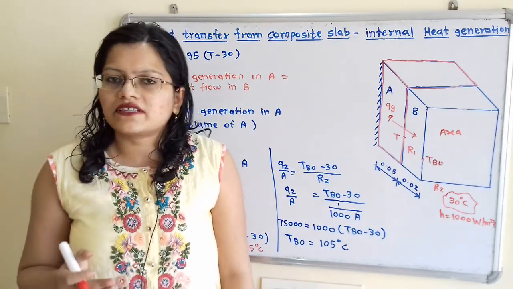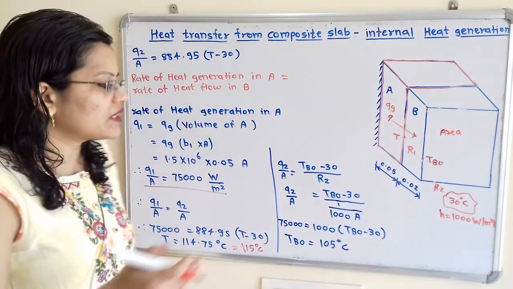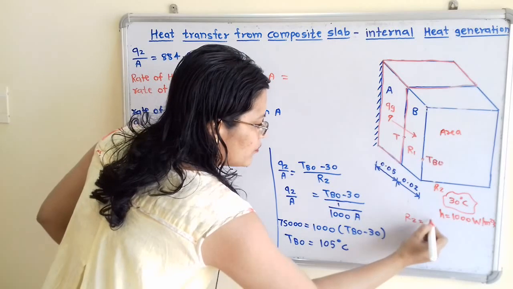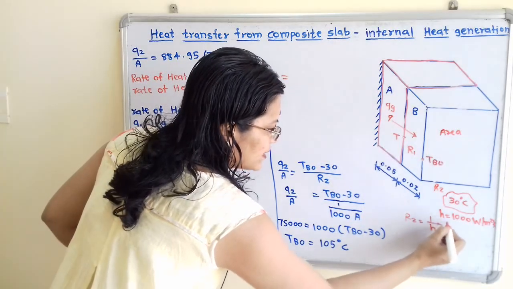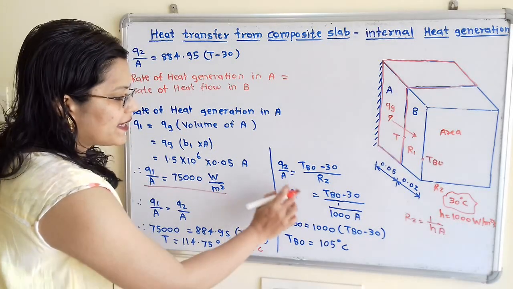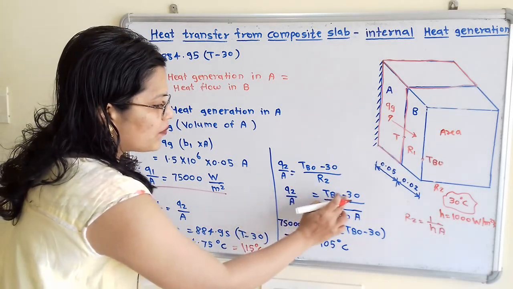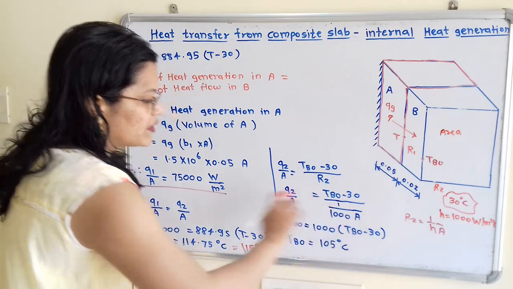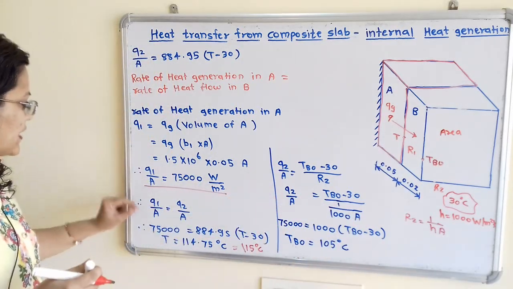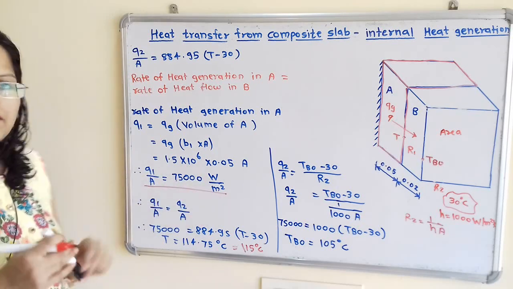So how to calculate the resistance R2? We know the formula for R2, that is R2 is equal to 1 by HA, where H is given, A is unknown. Now Q2 by A is equal to TBO minus 30 divided by 1 by HA. But this value Q2 by A is 75,000 watt per meter square.